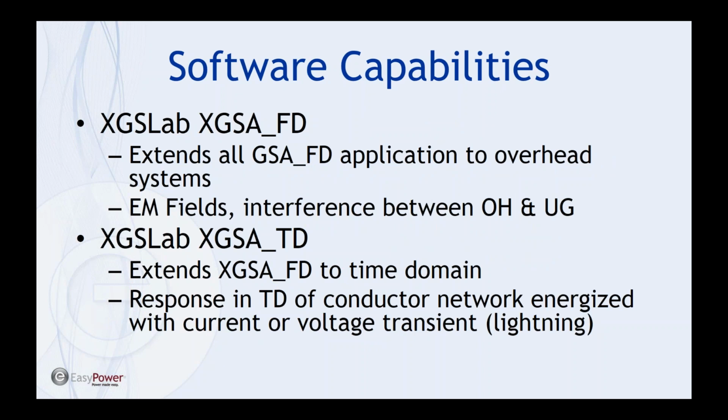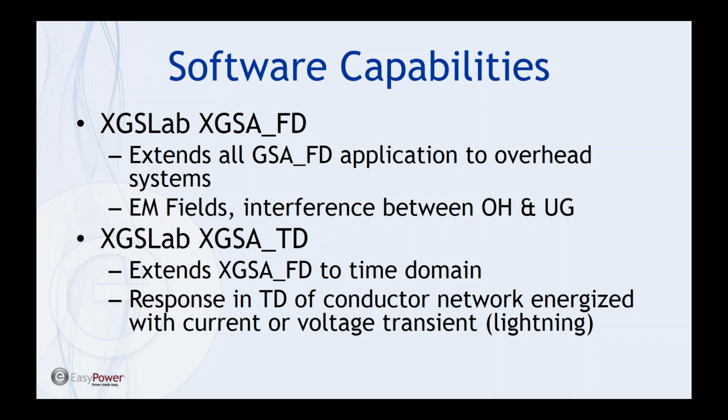Stepping up to the next type of module, XGS Lab has their XGSA-FD module, which adds an X to the front of the last one. This starts to be comparable to the CDEGS high frequency module, and it essentially extends everything from the GSA-FD, or the MALZ application, to overhead systems.